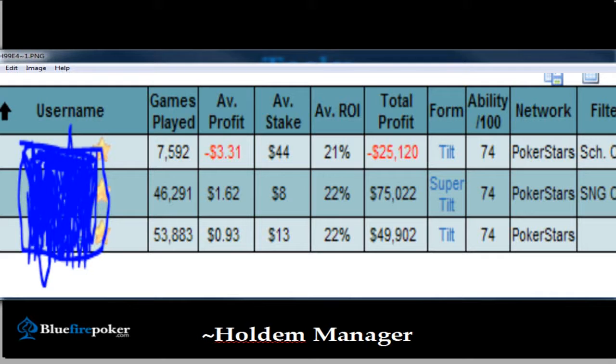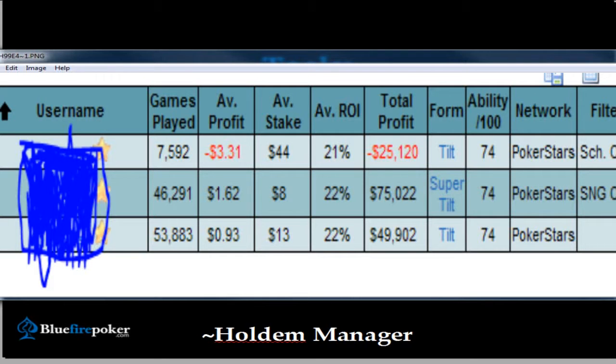But if I look at this player's scheduled tournaments results, I see that he lost $25,000. And although his ROI appears positive, this is because of the discrepancy between the buy-in levels that he might play.